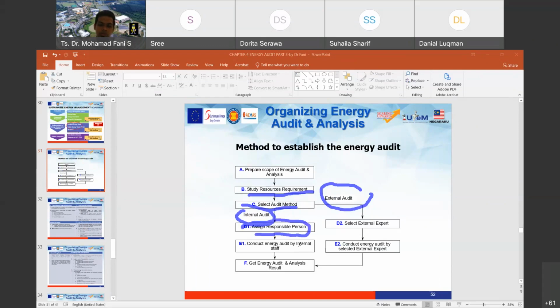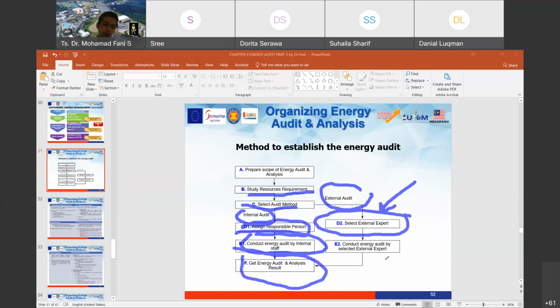Assign a responsible person, conduct the energy audit internally with internal staff, and get the energy audit result. If you want to appoint an external auditor, select an external expert outside, conduct the energy audit by the selected party and let them prepare the energy audit report for you.